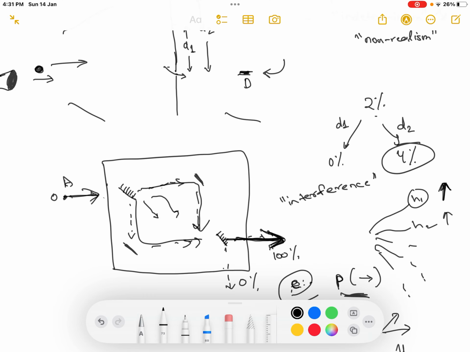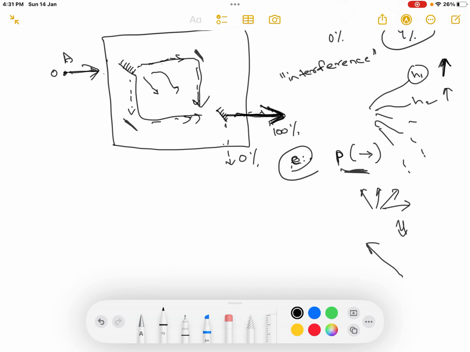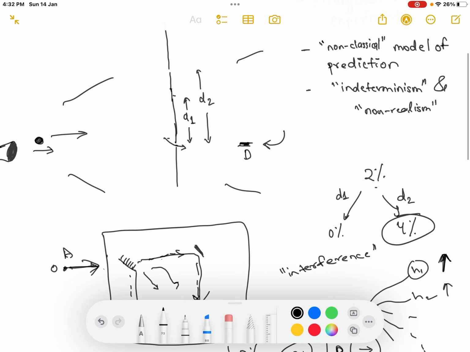But there are many problems with this picture, because first of all, what we have now done by saying that you can only calculate probabilities is given the notion of indeterminism to the laws of physics. So for example, here, where the photon will end up, we can't predict. How it will end up, we can't predict.